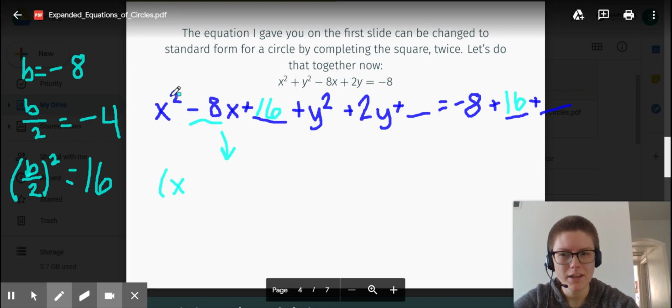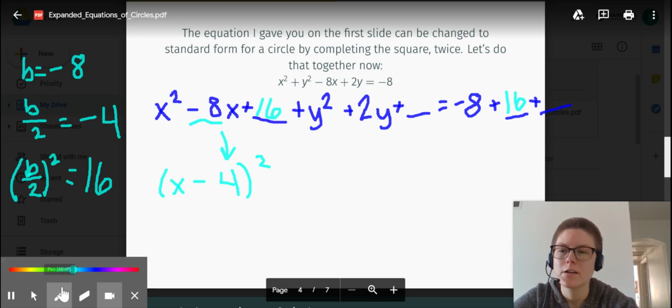Okay. And then since this is a minus, this has to be a minus, and then what goes here is going to be our b over 2, our 4, since we already got the minus. So it's x minus 4 squared. Make sense? Good, got it.